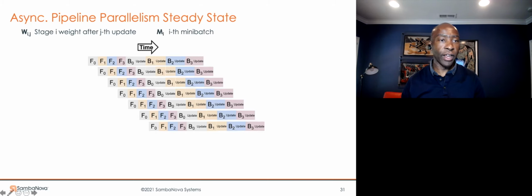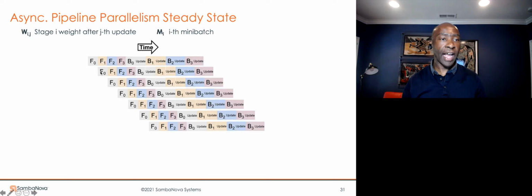And so that's shown here, where we are updating the weights as soon as we finish the particular backward step or stage. So after B0, we do an update. After B1, we do an update. After B2, we do an update, and so on.